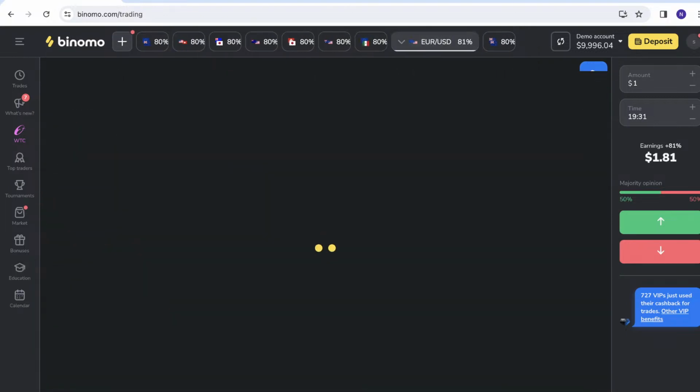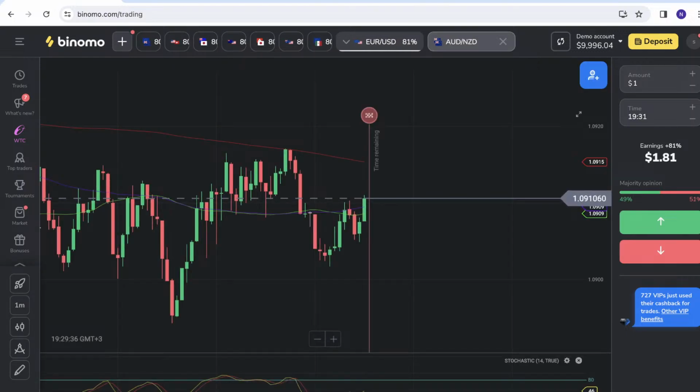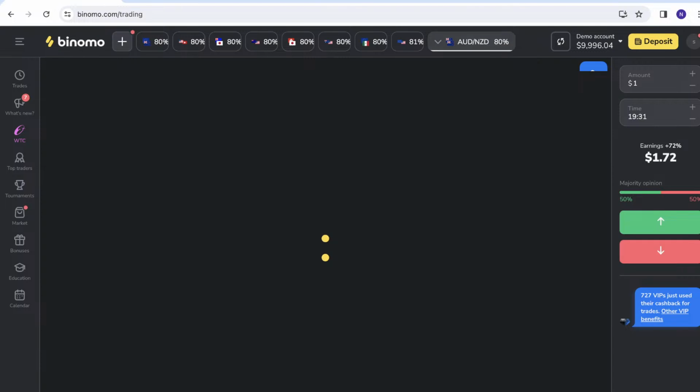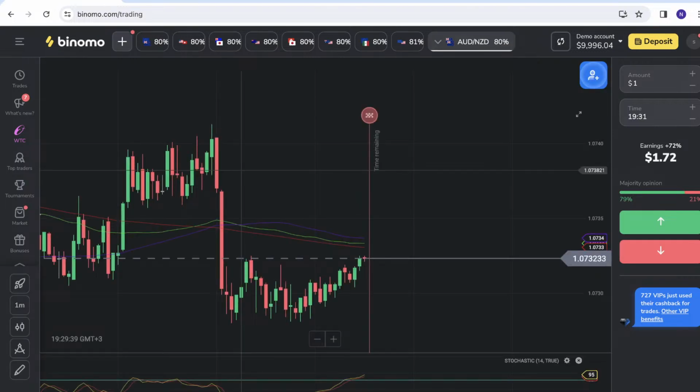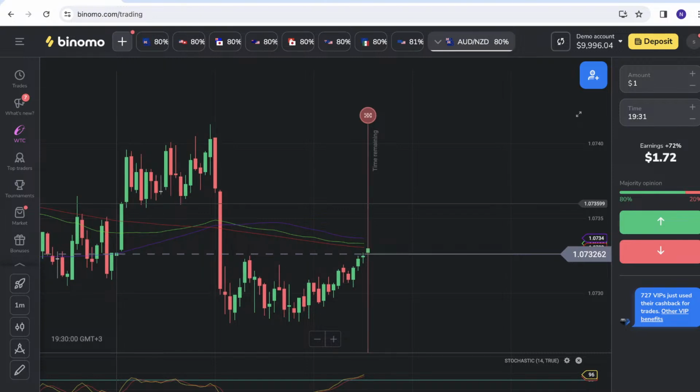Now I'm trying to find another trading signal in the 1 minute time frame, but we don't have enough good trading signals. Maybe it's already evening, and that's why we don't get good trading signals. I also want to take your attention to this moment, because it's very important.